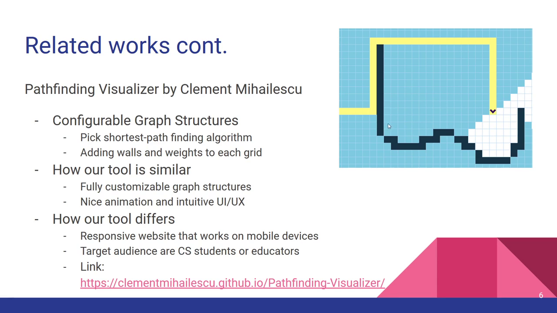However, there are a few things that we think we can improve from this work. The most important one is that our visualization tools will be responsive so that it can run on any mobile devices. Another thing is that our target audience is computer science students and educators.